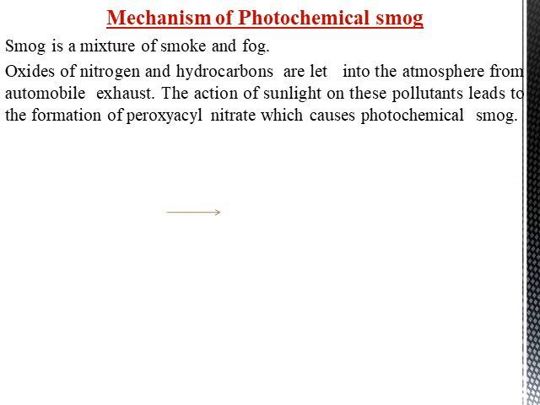Now, incomplete combustion of fossil fuels will let out some unburned hydrocarbons along with the oxides of sulfur, carbon, and nitrogen. In the presence of sunlight, these hydrocarbons will undergo a continuous chain reaction, and it will form a very important intermediate, peroxyacetyl nitrate, in short PAN, which is the primary substance for the formation of photochemical smog.